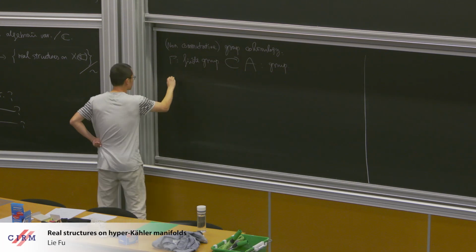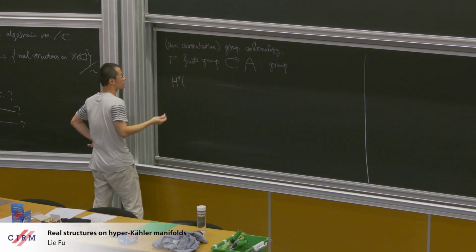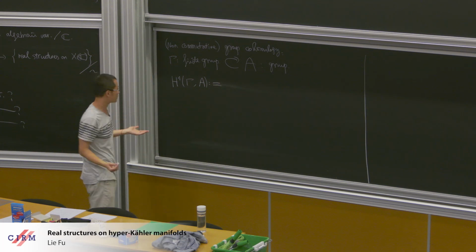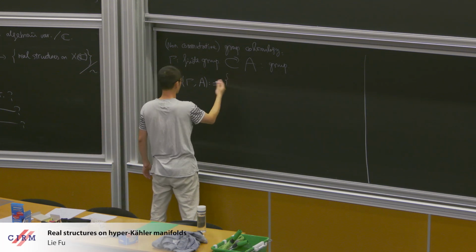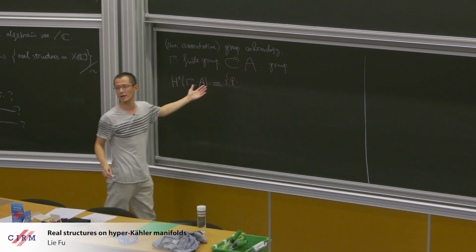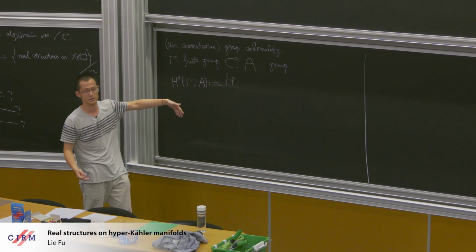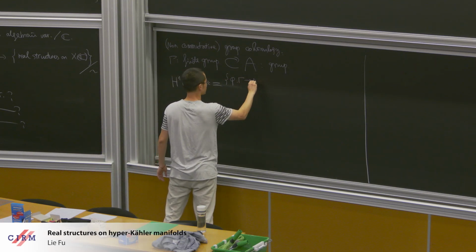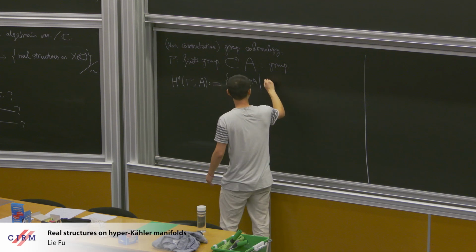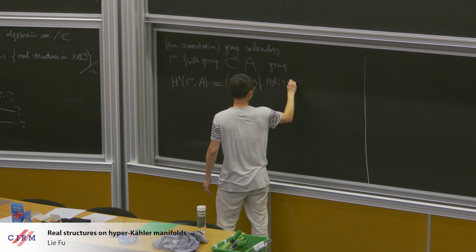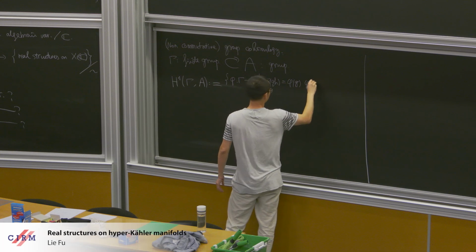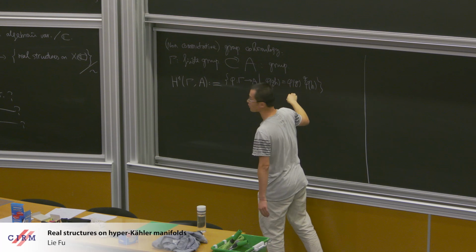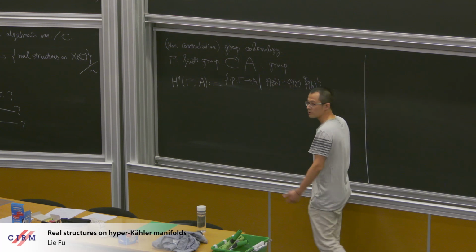We can define the so-called first group cohomology set of gamma with values in A. By definition, this is a quotient set of the set of one-cocycles. It's some map, not a group homomorphism, but just a set of maps satisfying some cocycle condition. It's like phi(gh) is equal to phi(g) phi(h), but then you want to twist it by g, because g acts on A. This set is called the set of one-cocycles. It's not a group, but it's a set.